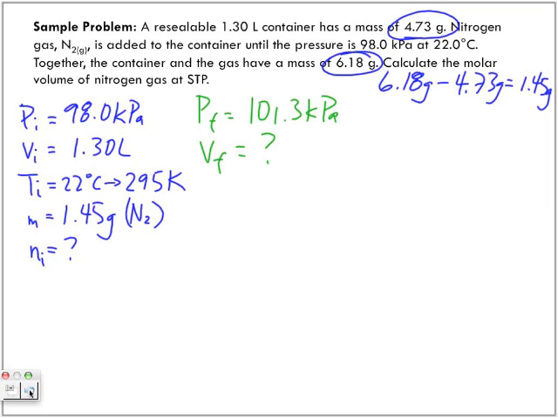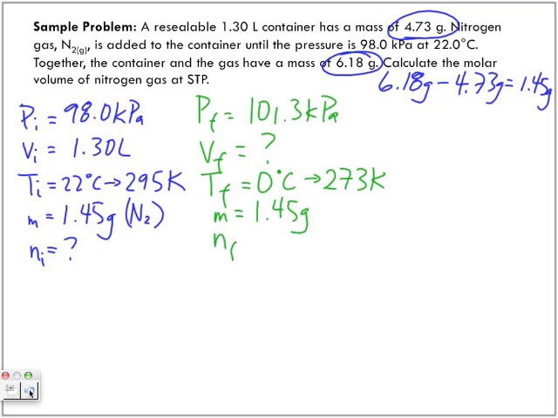We have our final temperature. What is the temperature at STP? 0 degrees Celsius. Go back, folks, and make sure you remember these numbers. Which is equivalent to how many Kelvin? 273 Kelvin. The mass, still the same, 1.45 grams.